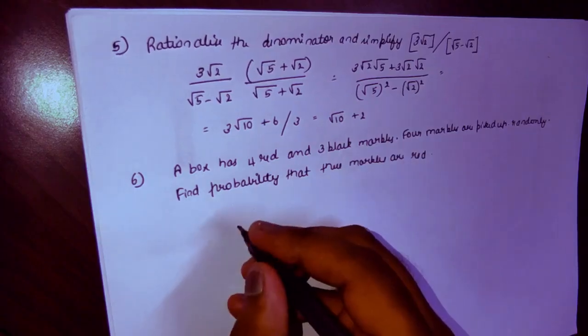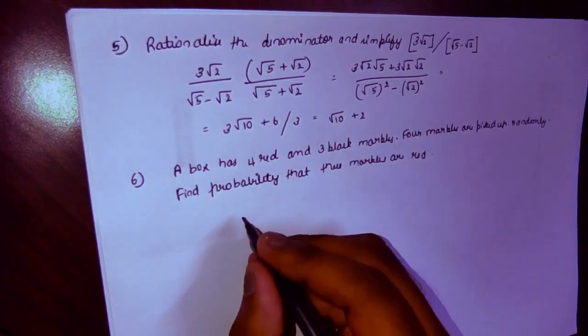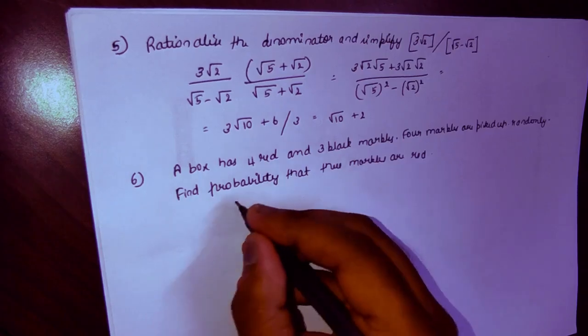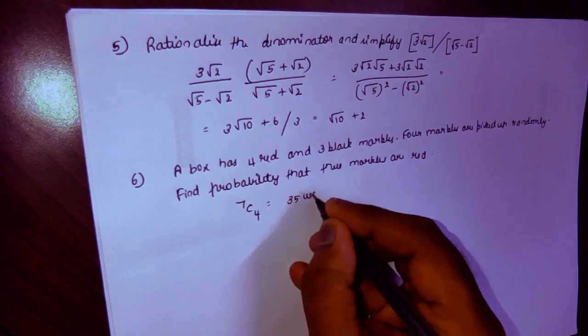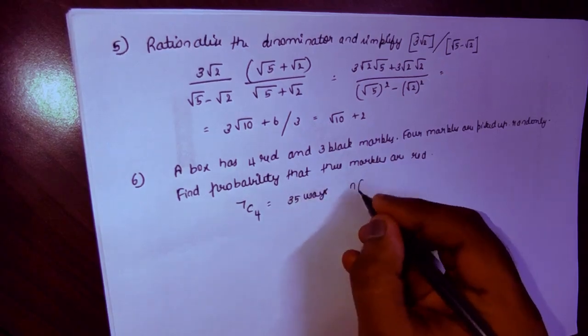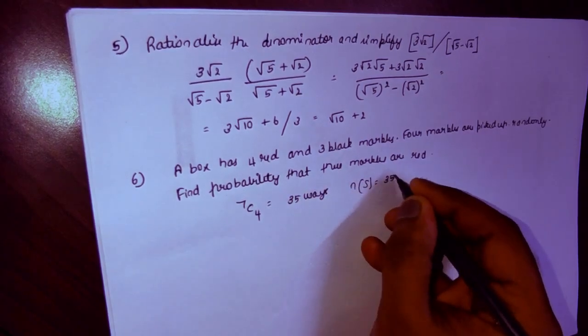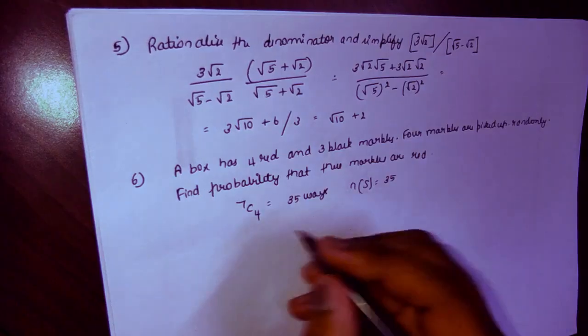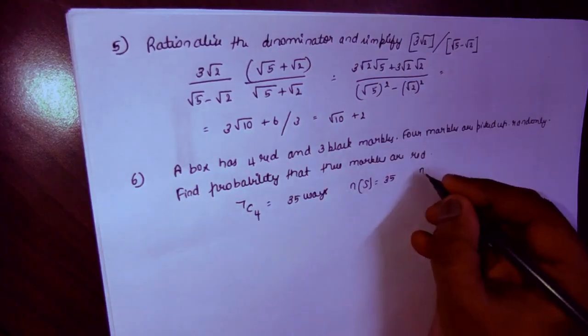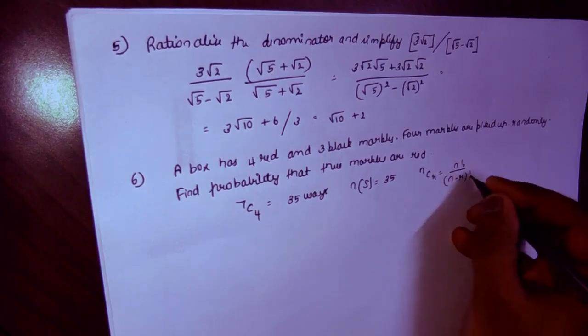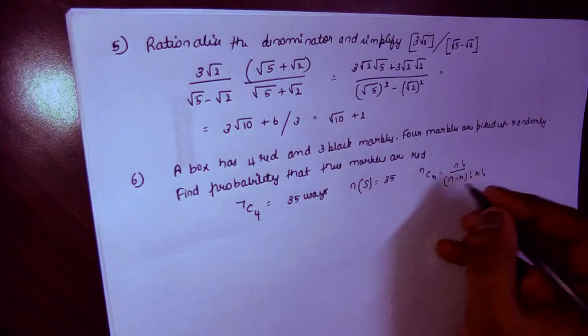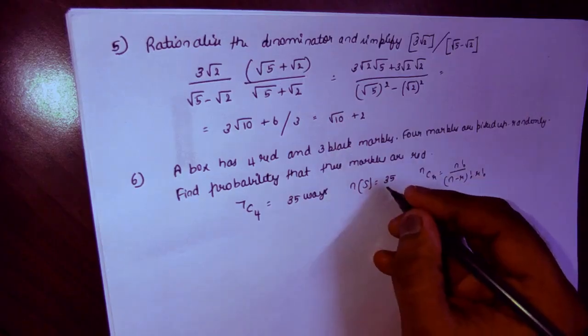So there are total 7 marbles. Out of those, 4 marbles can be picked in 7C4 ways, that is 35 ways. The total sample space is equal to 35. We know this is the nCr formula: nCr is n factorial divided by (n minus r) whole factorial into r factorial. When you substitute, you will get 35.